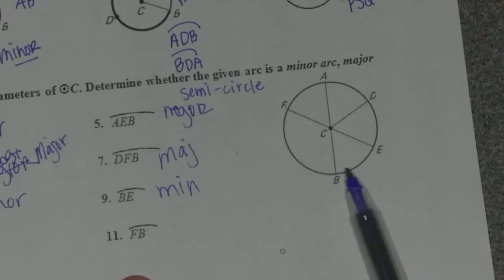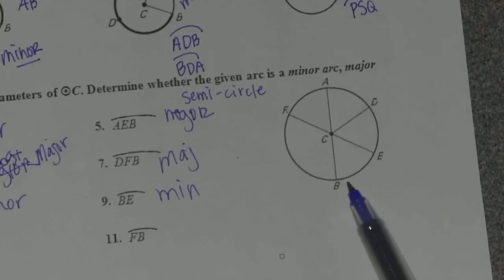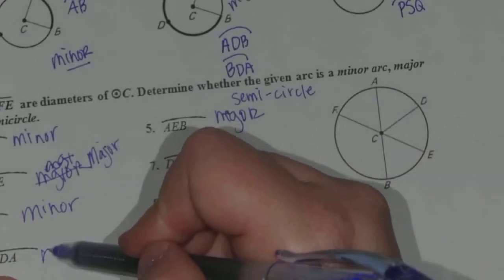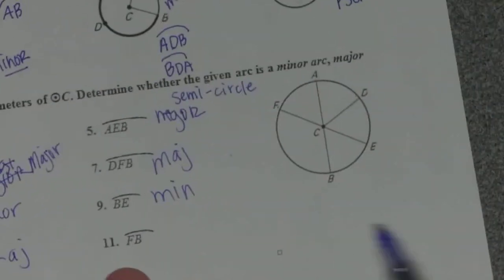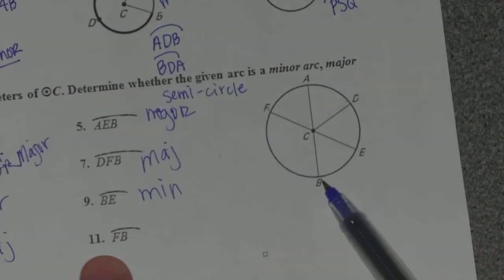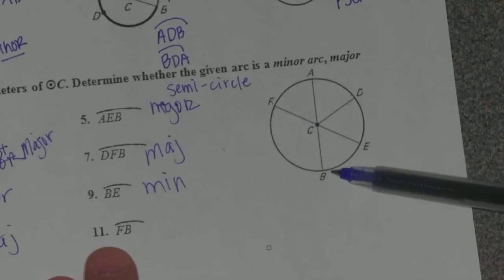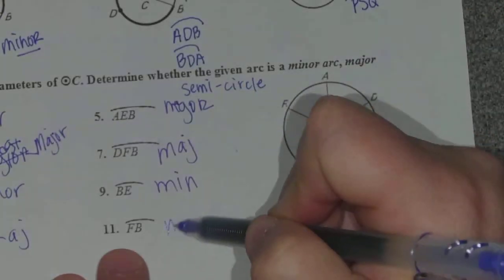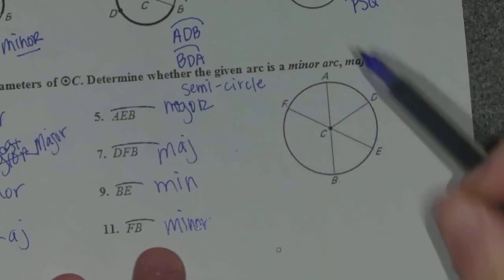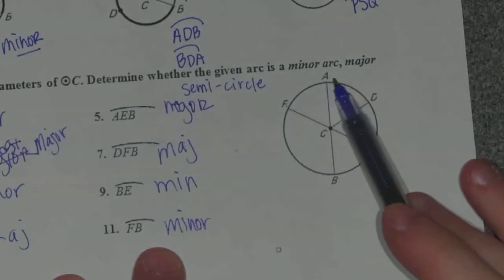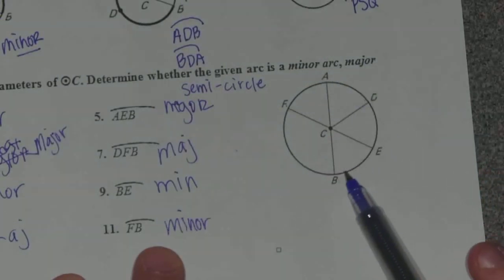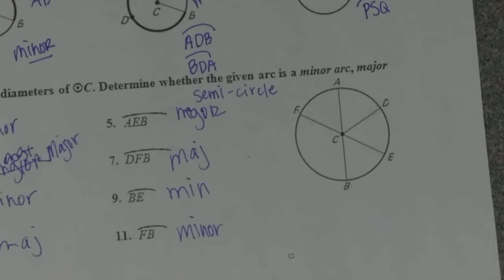Yep, so BDA, that's a major. And FB. So from F to B, minor, yeah. So you have to go, because it can't be this way, because then it would have had to have more than 3 letters, right, to describe it. So minor.